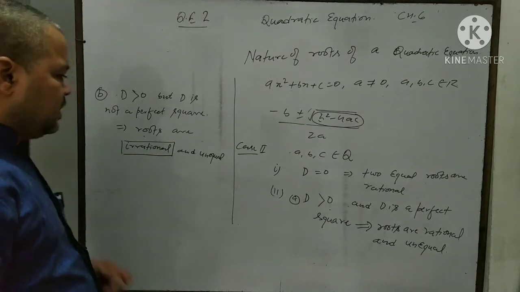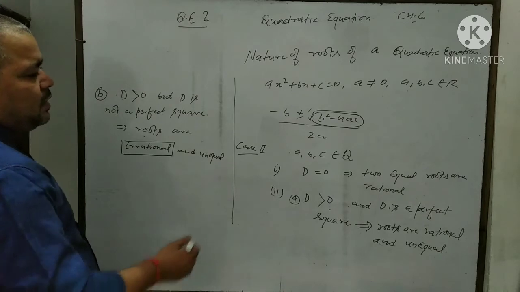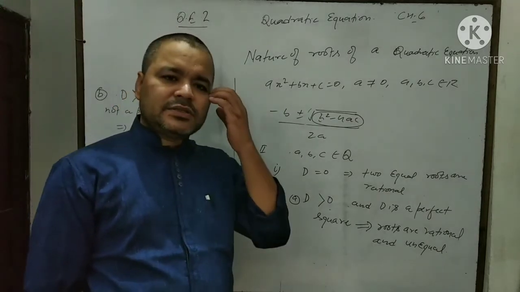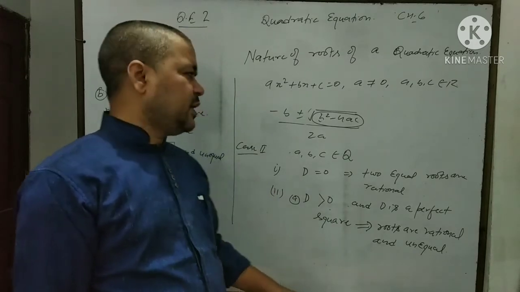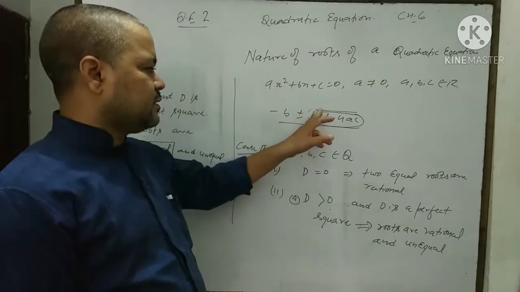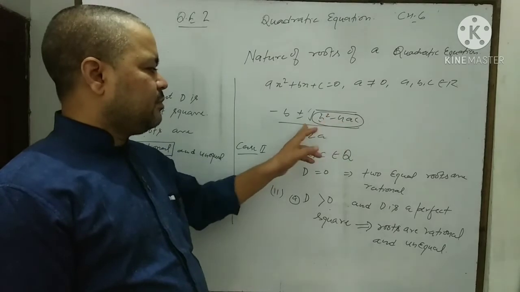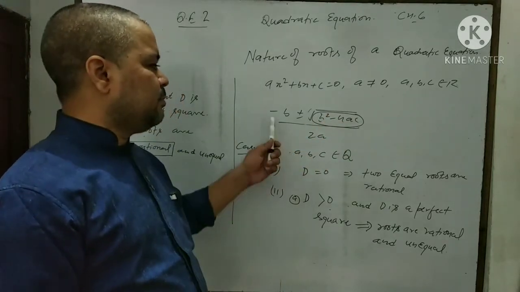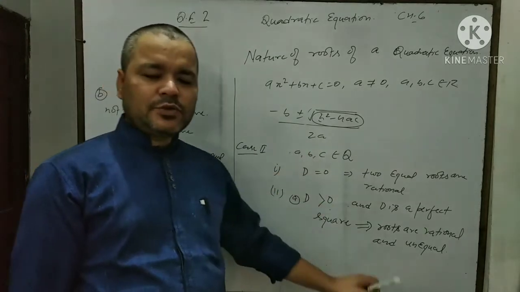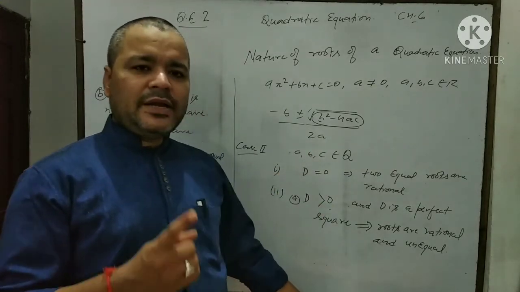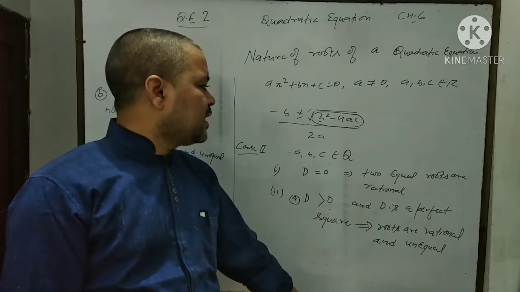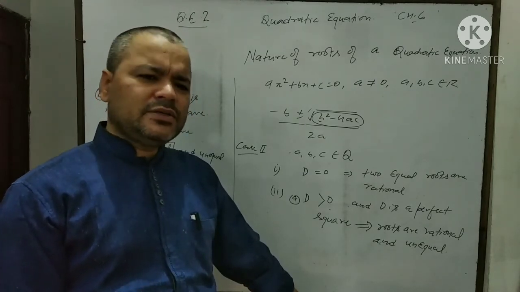Just like if the value of b square minus 4ac is 11, in that case it will be minus b plus minus under root 11 by 2a. If we take the plus sign, then it will be minus b plus under root 11 by 2a. And if we take the negative sign, then it will be minus b minus under root 11 by 2a.